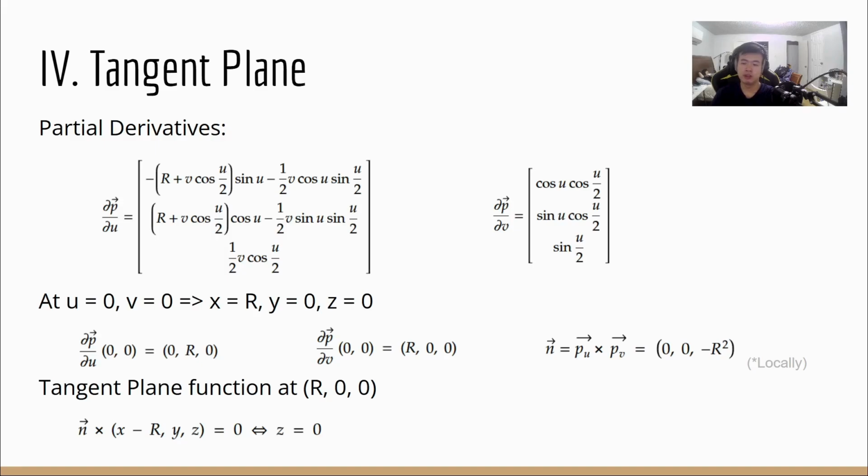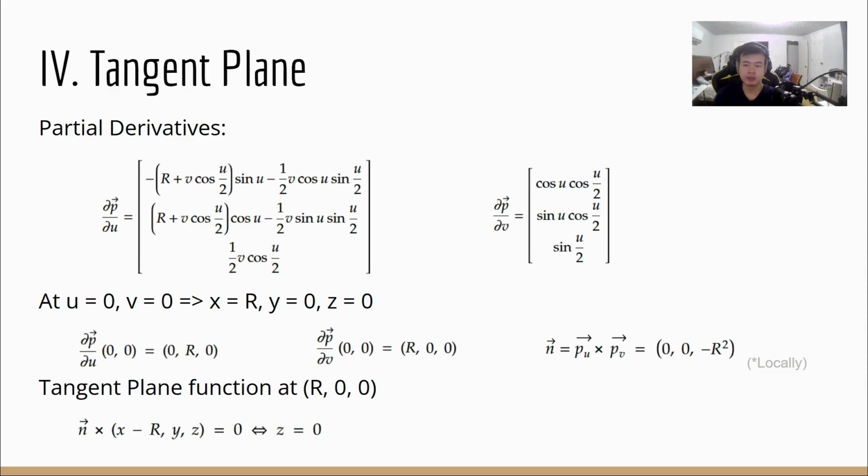One of the tedious parts of this process was computing the partial derivatives using the product rule, and it took me quite a bit of time to carefully look through the calculation and double check for errors. But here are the results: the partial derivatives dp over du and dp over dv. The original problem didn't specify a particular point for the tangent plane, and since the Mobius strip is a non-orientable surface, we cannot define a global normal vector.